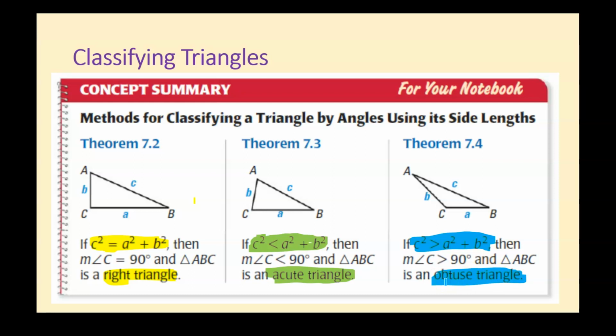Okay? So if a squared plus b squared is equal to c squared, it is a right triangle. If your a squared plus b squared is bigger, then it's an acute triangle. And if your a squared plus b squared is smaller than your c squared, then it is an obtuse triangle.